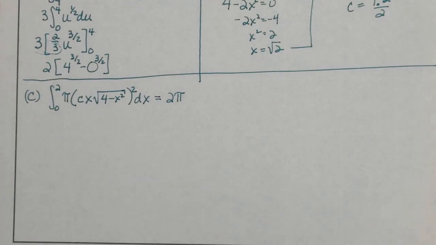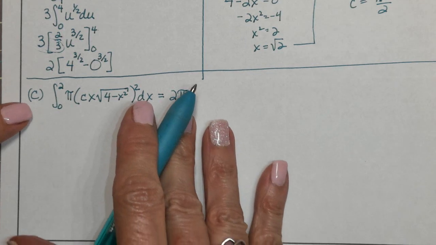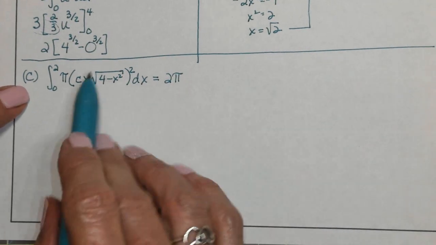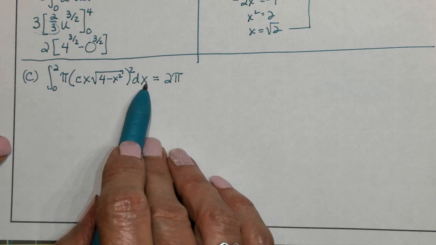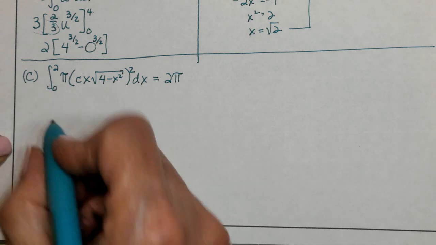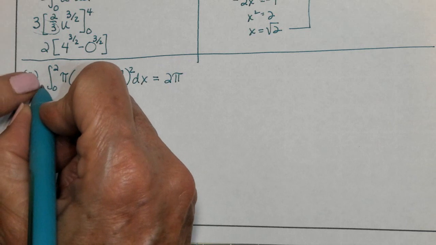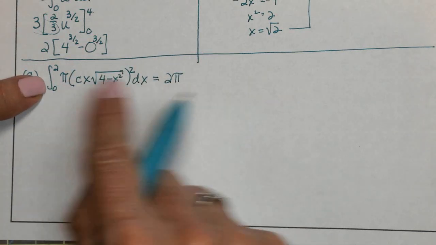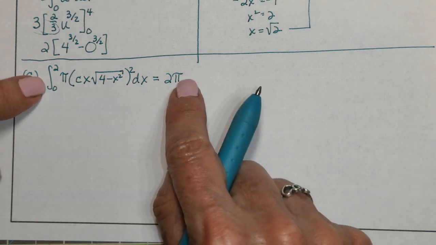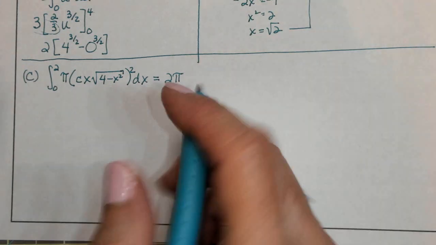Okay, I'm going to solve this for c because they asked me to find c. All right, so c is a constant here. I'm taking the integral with respect to x, and that's a constant, so I'm going to take out the pi. There's also a pi over here, so when I take out the pi, I can reduce it with the pi over here, and then those pi's are gone.